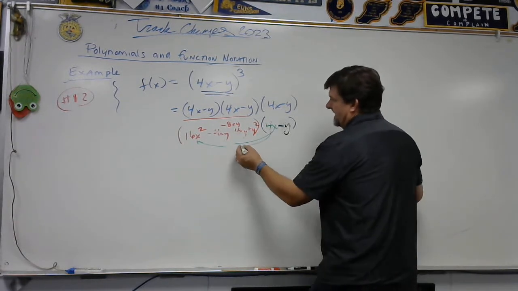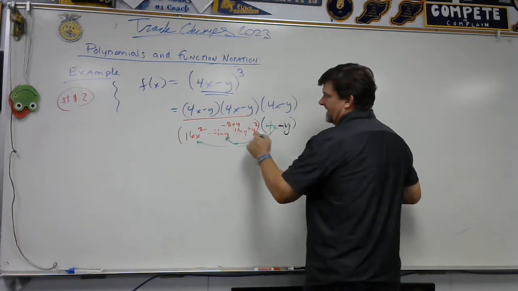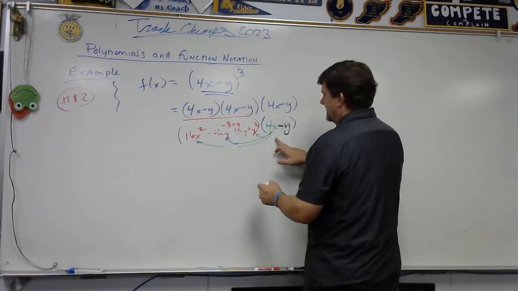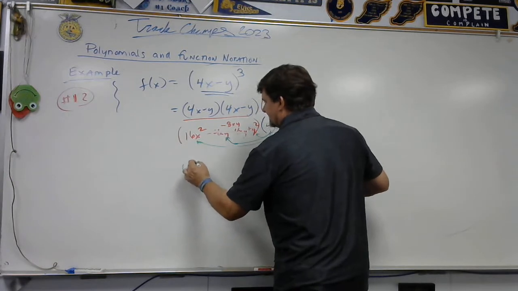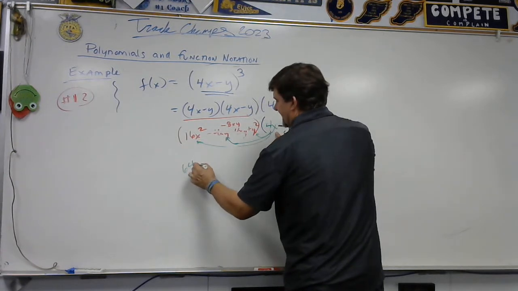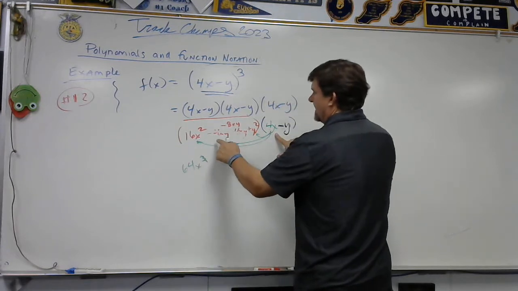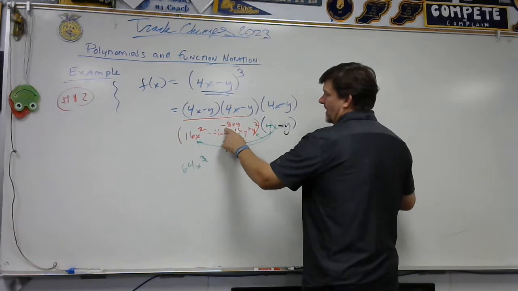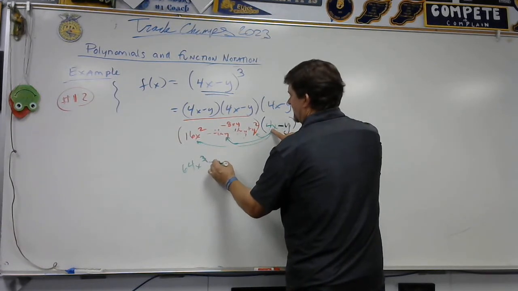I'm going to distribute it into 16x squared. I'm going to distribute it into negative 8xy. And I'm going to distribute it into y squared. So I'm going to get 4 times 16. It's going to be 64x squared times x is x cubed. And then 4x times negative 8xy. So 4 times 8 is negative 32.